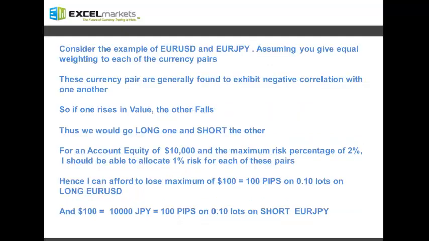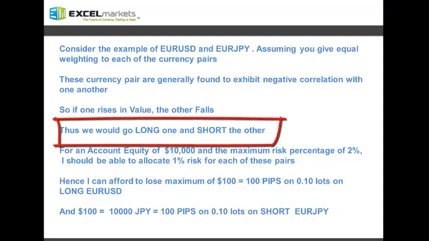Consider the example of euro-dollar and euro-yen. Assuming you give equal weighting to each of the currency pairs, these currency pairs are generally found to exhibit negative correlation with each other. So if one rises in value, the other falls. Thus, we would go long one and short the other.